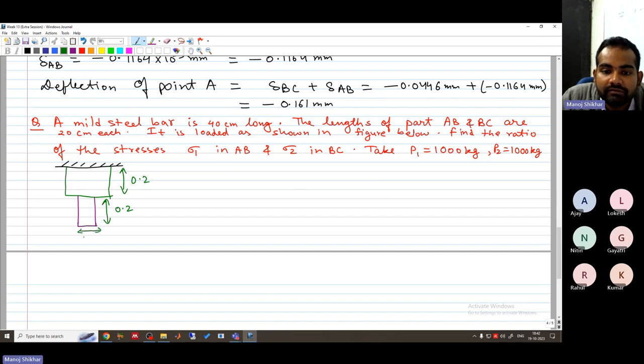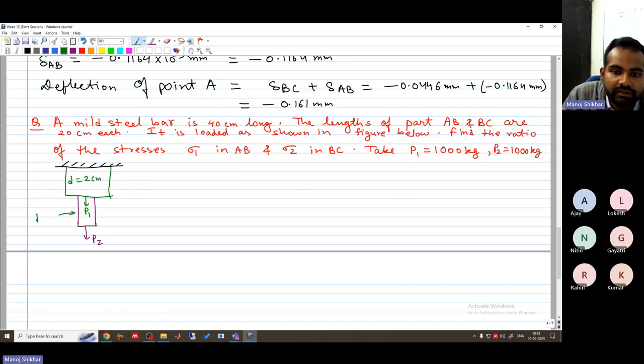Maybe I should first draw the loads. So the loads are here, they have applied P2. Here they've applied P1. Its diameter here is 2 centimeter.